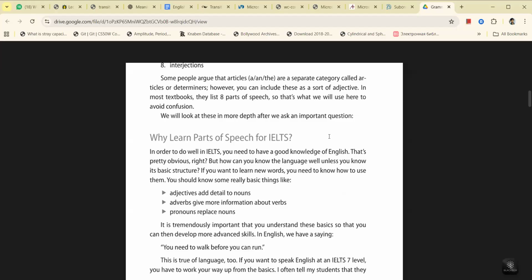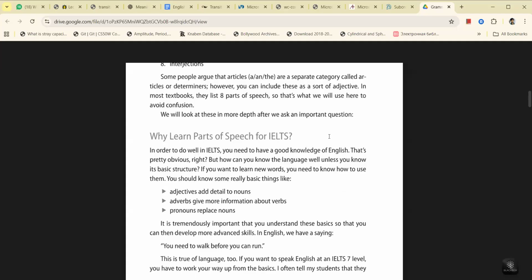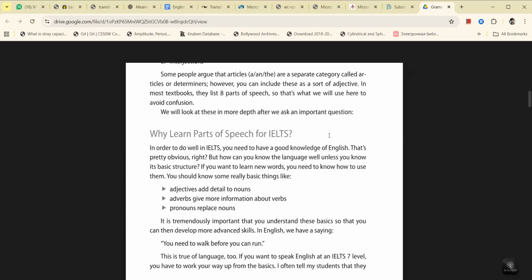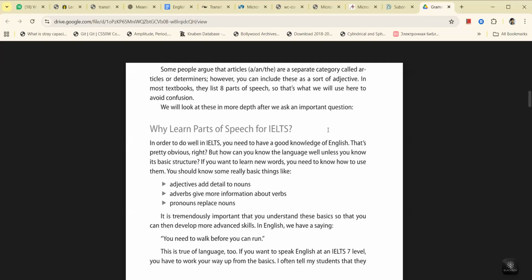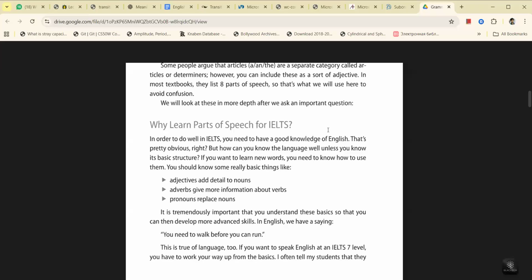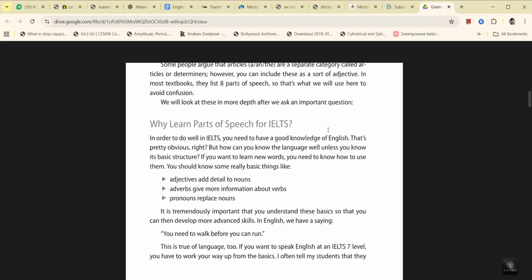However, most textbooks include these as a sort of adjective in the list of parts of speech, so that's what we will use here to avoid confusion. We will look at these in more depth after we ask important questions.